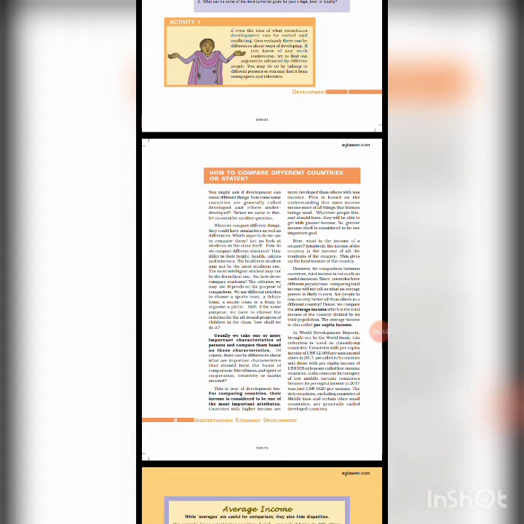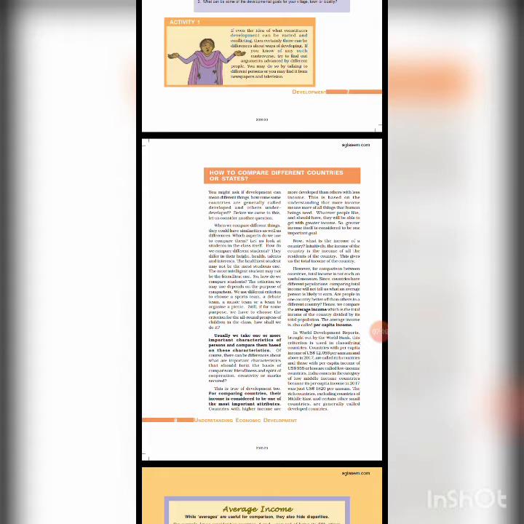How to compare different countries and states? We can compare different countries or states on the basis of per capita income. We cannot take national income to compare different countries because each country has a different population.